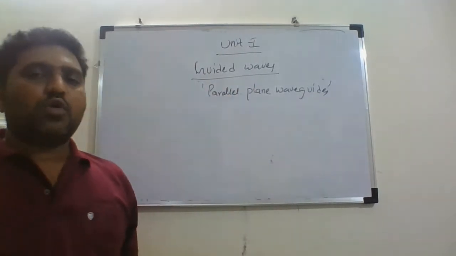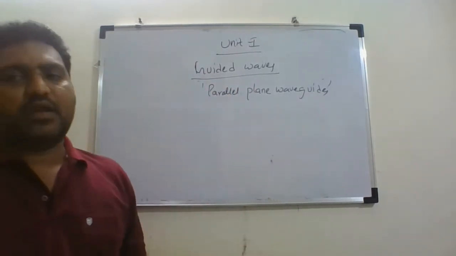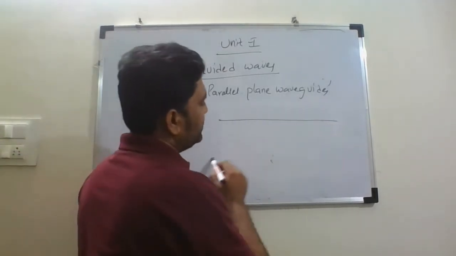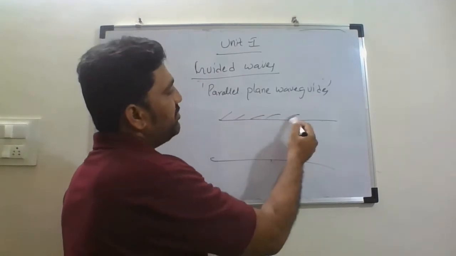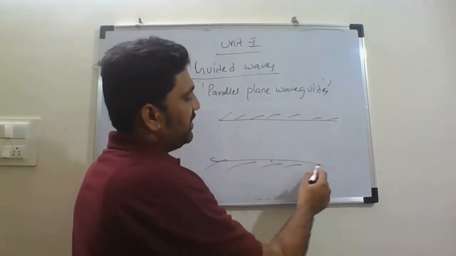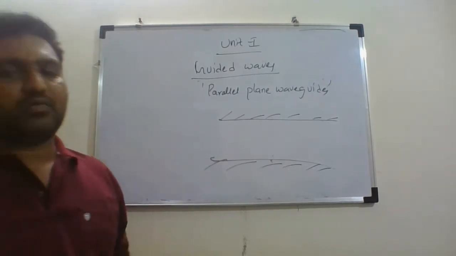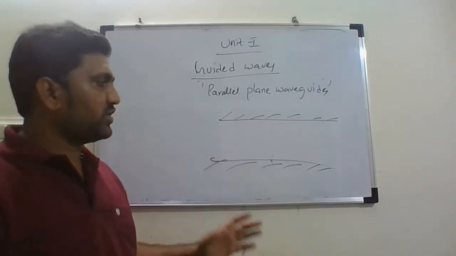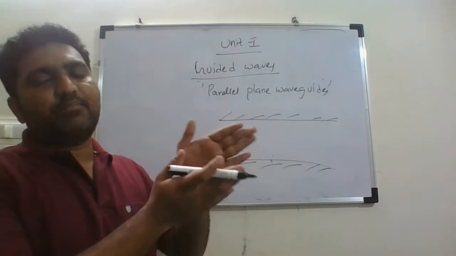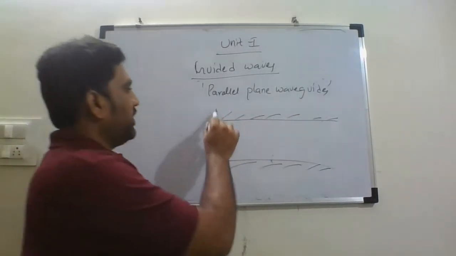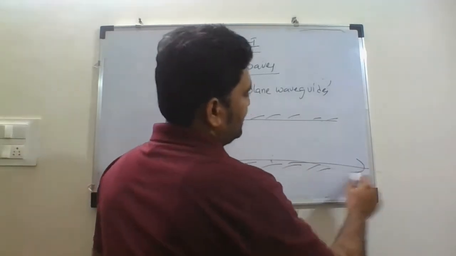Here I take a general, theoretical guided structure, which we call a parallel plane waveguide. It is a waveguide constructed from two parallel plates placed along an axis like this.